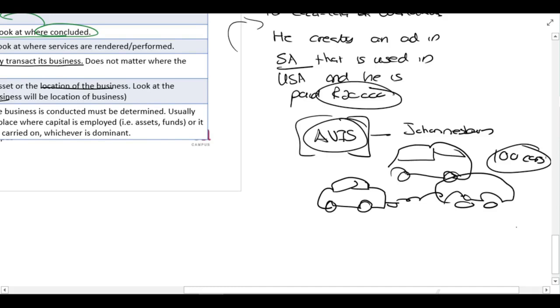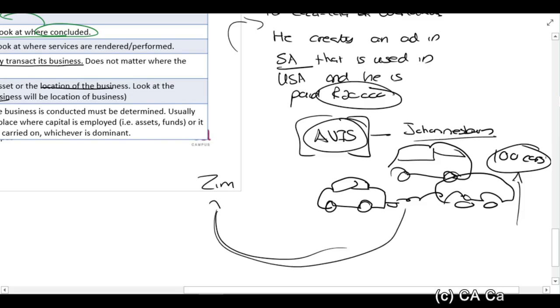Someone comes and rents a car and takes it all the way up into Zimbabwe for a week. They use it in Zimbabwe and they have to bring it back to Johannesburg. So although this asset was being used in Zimbabwe, and that's where the person used it most of the time, the nature of this business is that it rents out cars that are being used all over the place. In this case, the source will rather be Johannesburg.